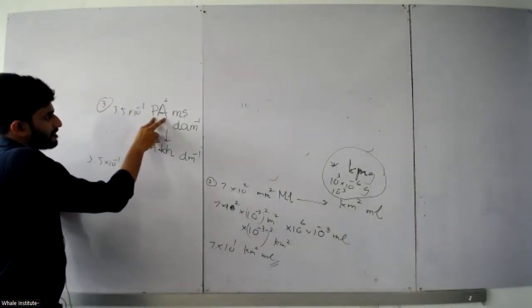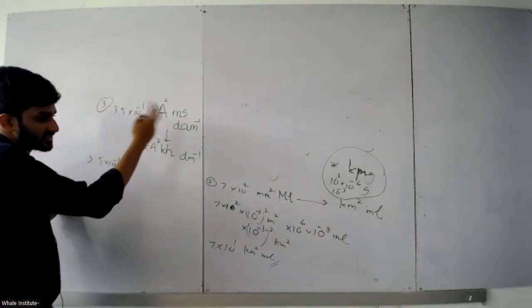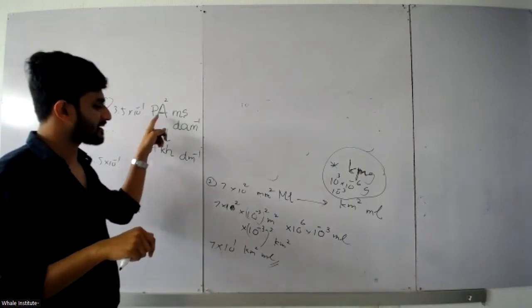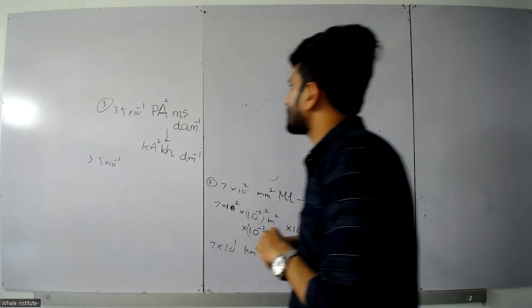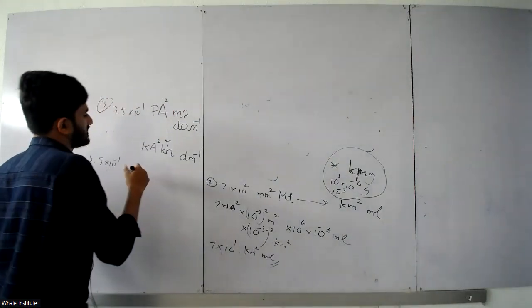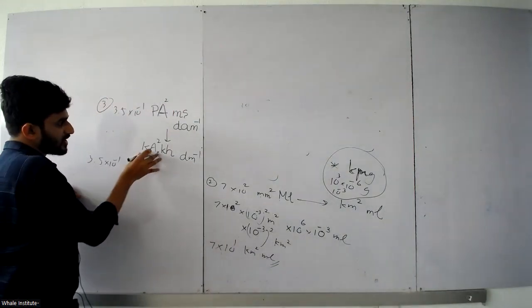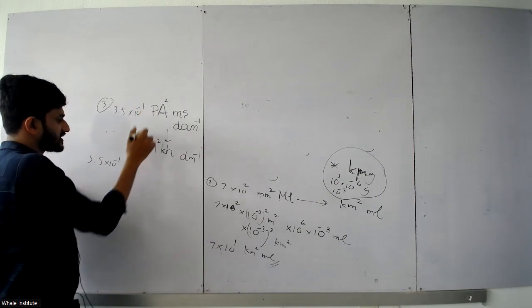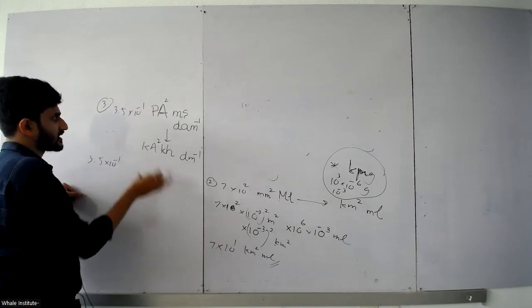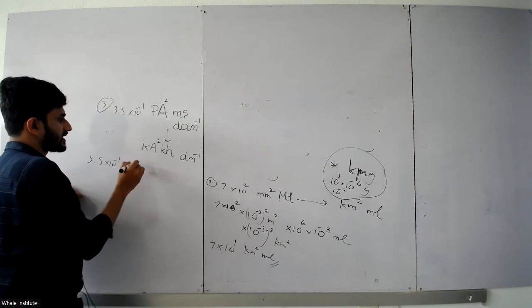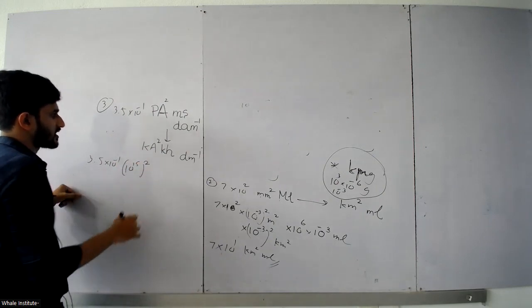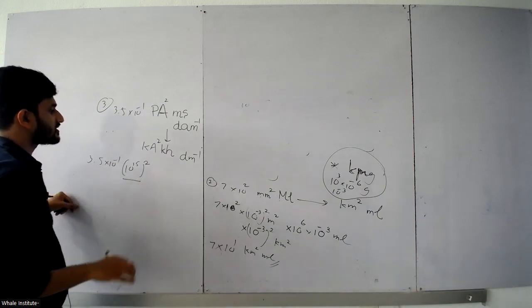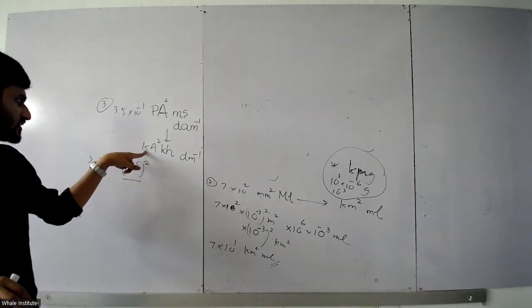It should be square, right, square. Then I'm going to divide by the unit prefix, I'm going to put here kilo.